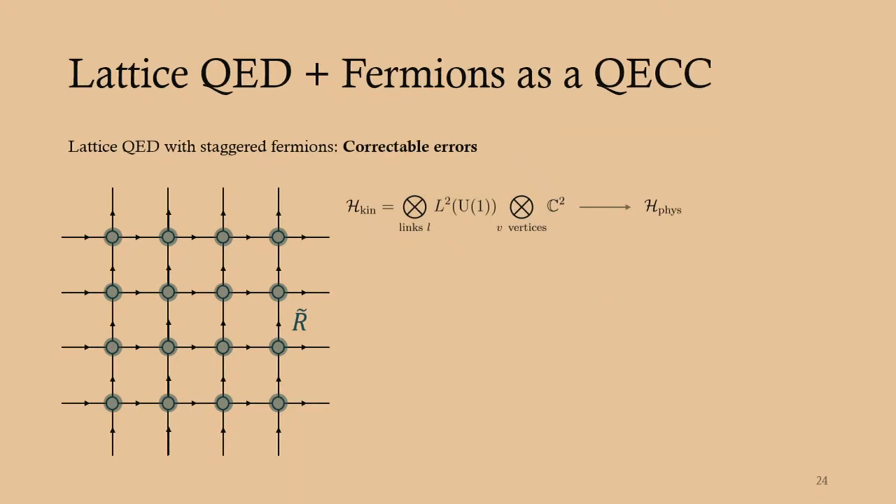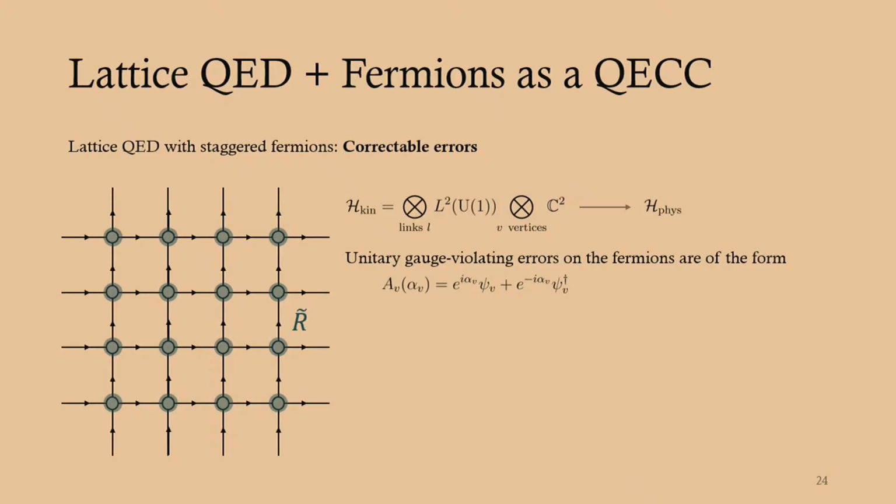Okay, now again, in this model, we are interested in finding what the correctable errors for this system look like. And it turns out that on the one hand, we could correct all of the U errors exactly in the same way as we did before, but now that we are also including fermions, we need to take care of errors which affect the fermions on the sites.